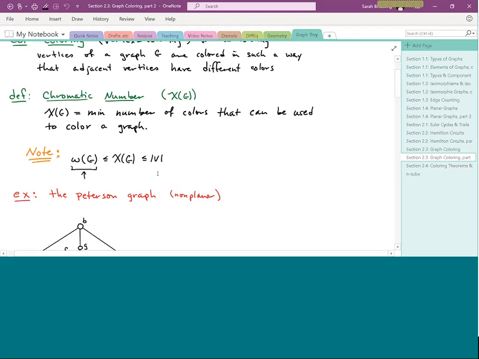In terms of formulas for chromatic numbers, this is where your chromatic polynomial comes into play. It turns out it's really more of an algorithm to get your chromatic polynomial, and once you have your chromatic polynomial, you can use it sort of as a formula for your chromatic number.